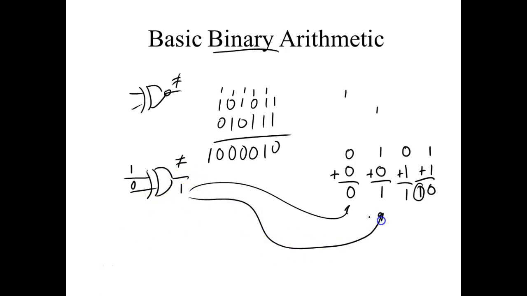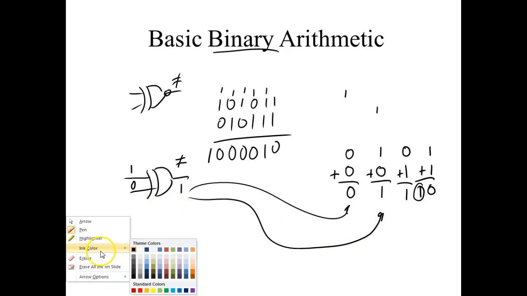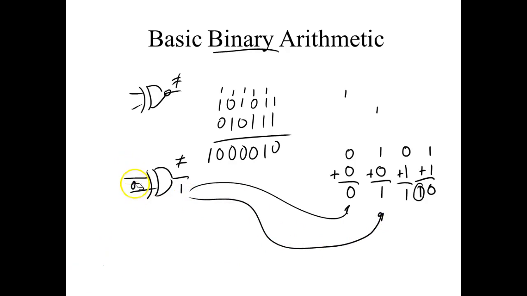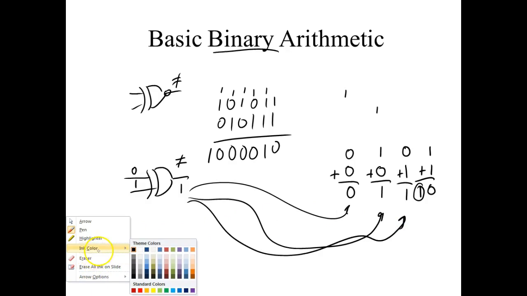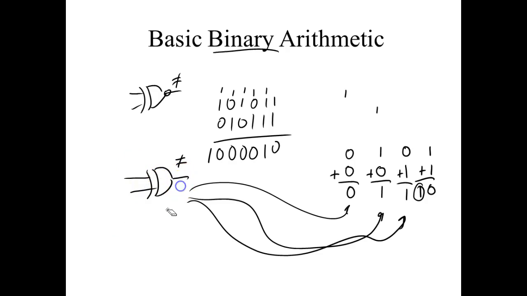Which matches that one right there. If I come over here and put a 0, 1, I get that one, which matches that right there. If I come up here and put a 1, 1, I get a 0, which matches this right here.